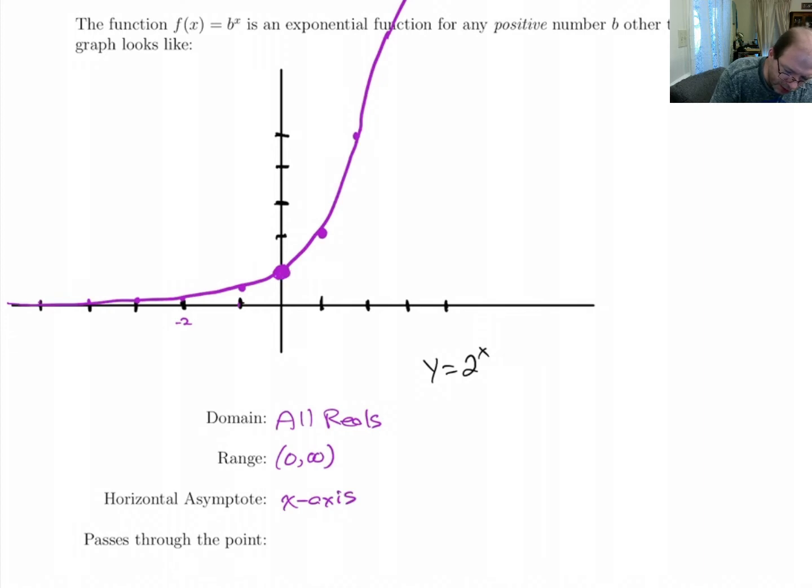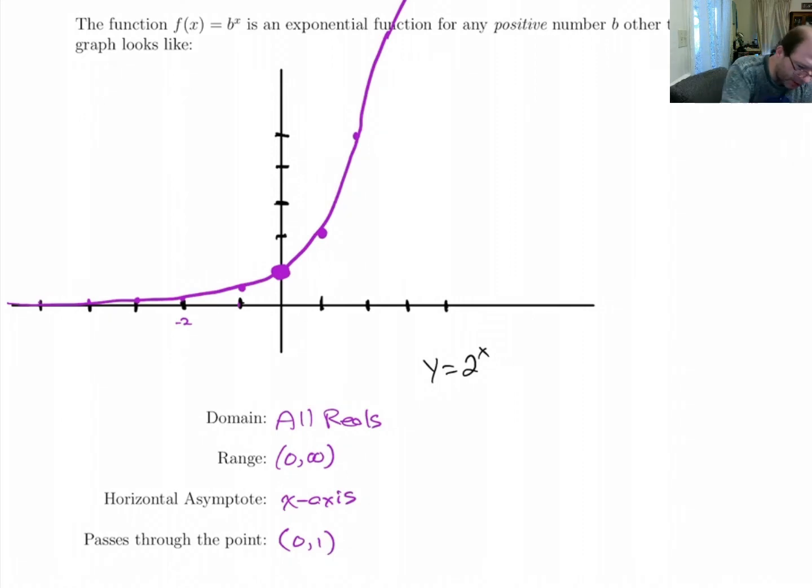And it's always going to pass through this point 0, 1. And that's true for any base that we pick. On this one in particular, I picked 2, but this is going to be true for any base that we pick.